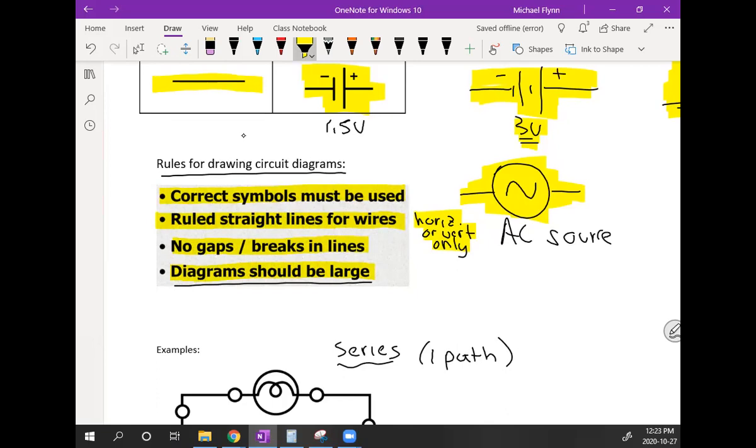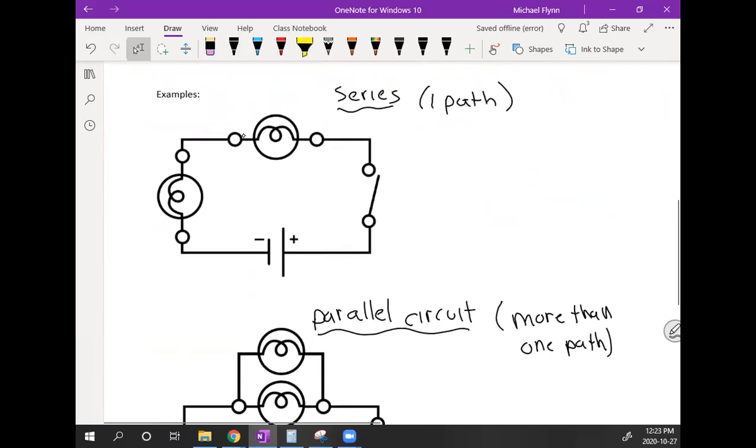All right, let's give a couple of examples. So here we have 2 lights. I'll color them in yellow. 2 lights and a switch. Okay, here, this is the switch connected together with a battery. So when you close the switch, the lights will turn on.